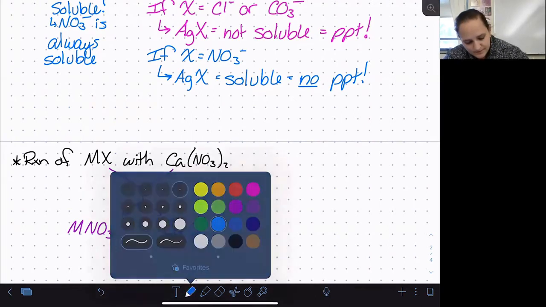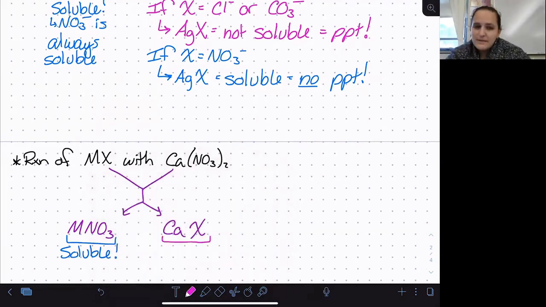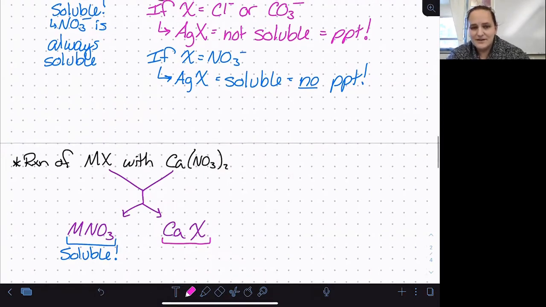So once again, nitrates are always soluble. So this product is definitely soluble. We don't need to worry about that one precipitating. But this one will precipitate with some of our possible anions and not others.